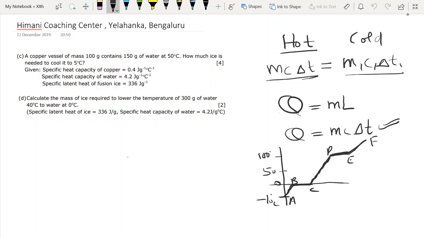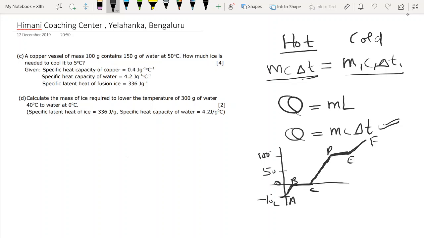So heat is given out by the steam to become water at 100 degrees Celsius, and the heat given would be mL, and between D and C again we will have water mc delta T. Again between C and B, when water at 0 is becoming ice at 0 degrees Celsius, it is mL, and then from B to A, heat would be mc delta T.